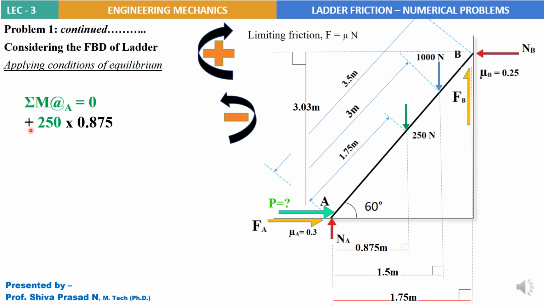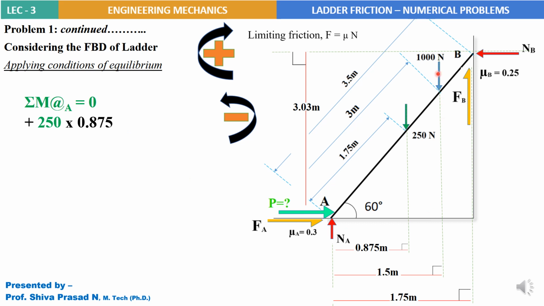If you move this force in its own direction, it will cause a clockwise rotation. Just observe the pointer, it is showing clockwise rotation. So clockwise moment, we are assuming it to be positive. The 250 Newton force will produce clockwise rotation about moment center A. So plus 250 into 0.875.